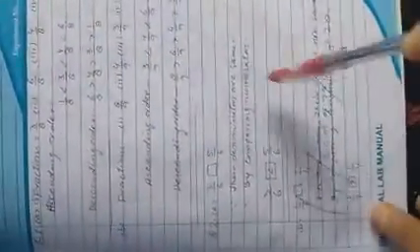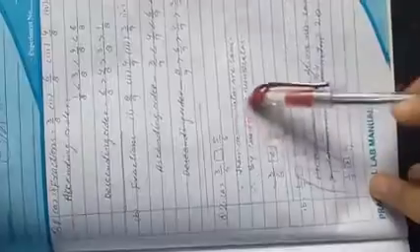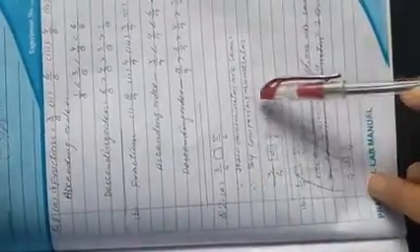Since their denominators are same, that is 6 and 6, so by comparing numerators, 3 by 6, 5 by 6. 3 by 6 is less than 5 by 6.